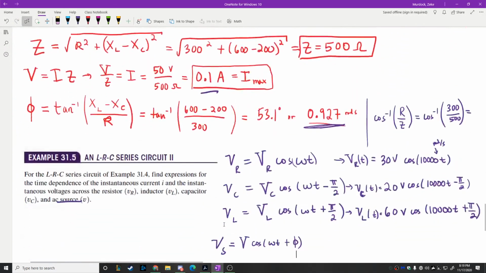It's okay, yeah. There we go. And so in this case, that would be equal to 50 volts times the cosine of 10,000 t plus 0.927 radians. There we go. Those are our answers.